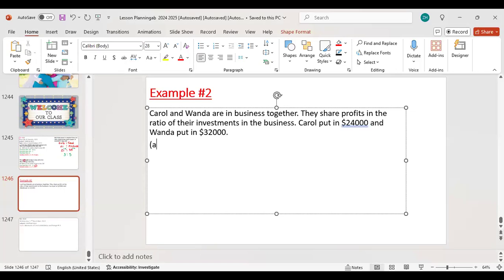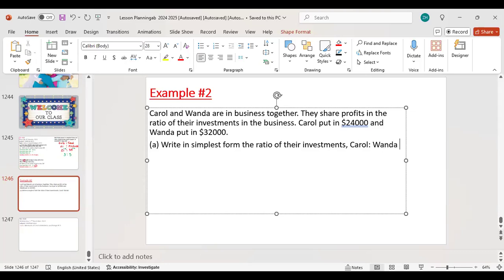Part A. Write in simplest form the ratio of their investments. Right, in simplest form, the ratio of their investments. And in the form, Carol to Wanda.